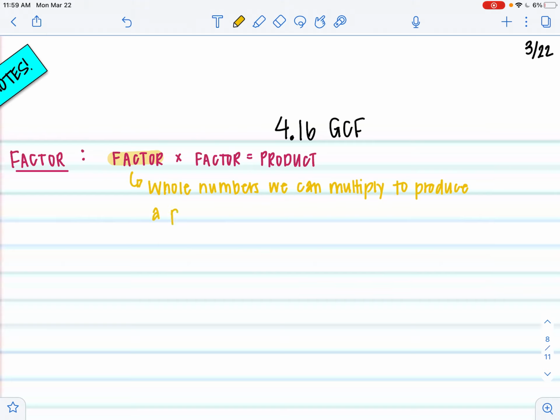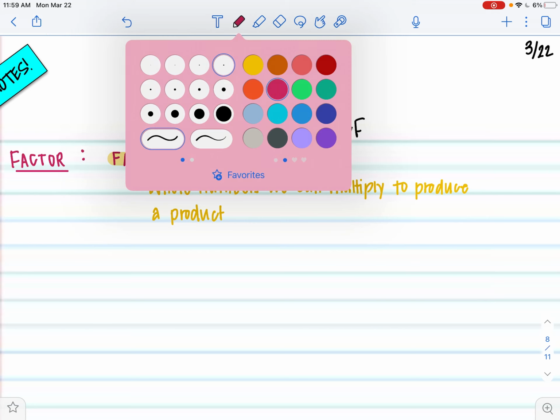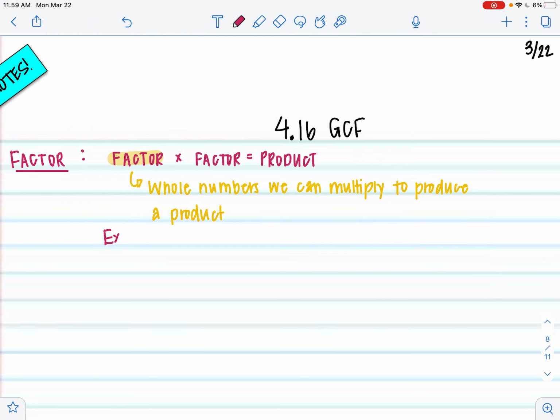I said to produce a factor, I should have said to produce a product. So for example, let's say that we have the number 15. 3 and 5 are factors of 15 because we can multiply 3 times 5 to get 15.